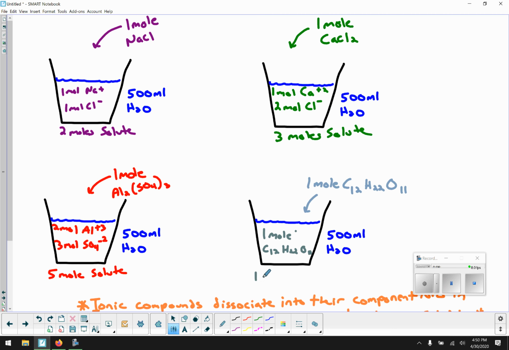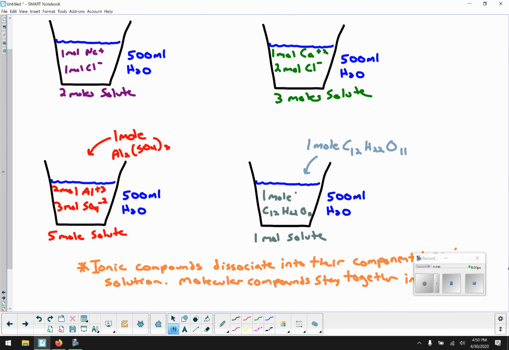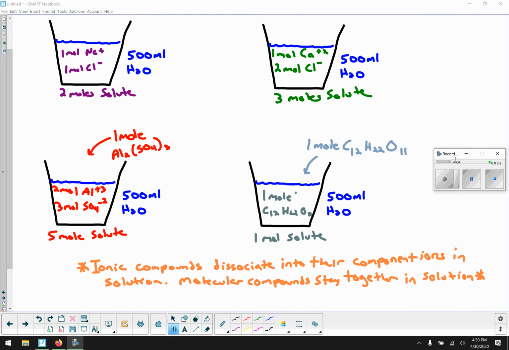So only 1 mole of solute. The reason for this: molecular compounds do not dissociate. They stay together. So ionic compounds dissociate into their component ions in solution.